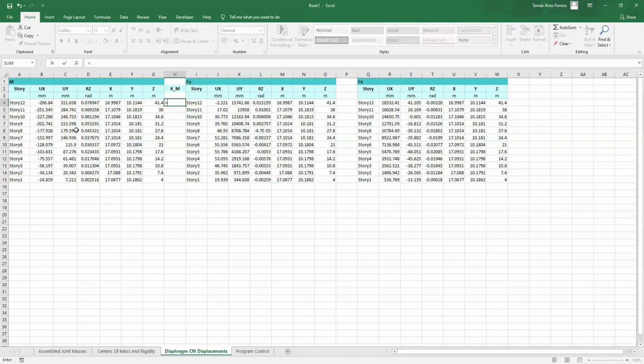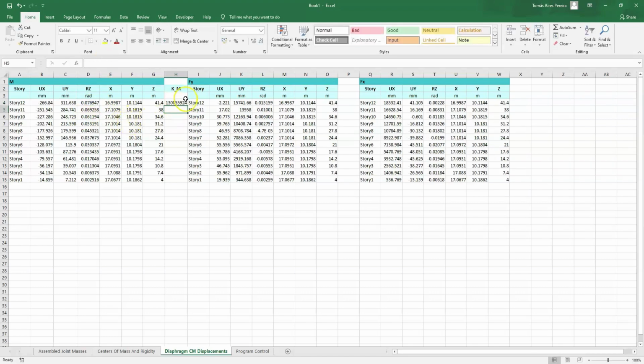This depends on the moment we are applying, which is the value we previously defined. One E6 divided by another value which is, basically, the rotation difference between the two stories. In other words, we use the rotation differences between two sequential stories to get the relative rotation. And we automatically obtain the torsional stiffness very easily.